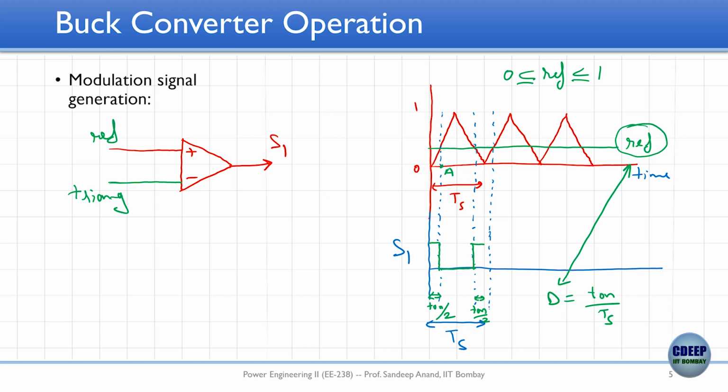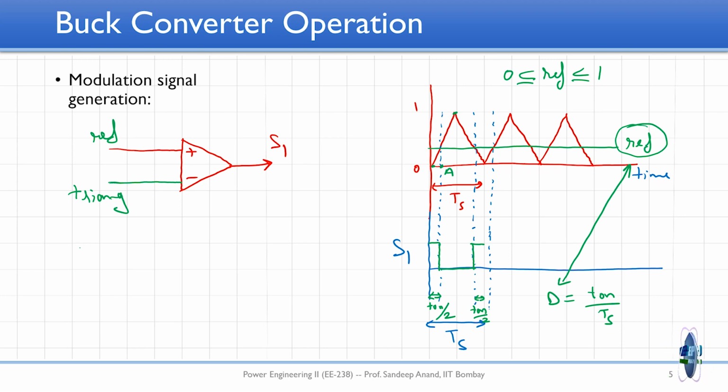You see the top is a carrier which goes from 0 to 1 at Ts by 2, right. So, you have to find the time instant at which it hits the reference value. It goes from 0 to the peak value, and the peak value hits at Ts by 2. You have to find the instant at which it hits the reference value, and that instant is nothing but T on by 2.